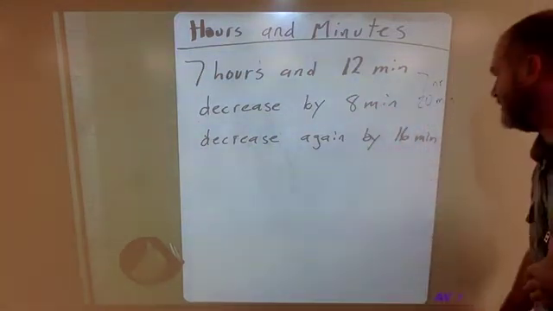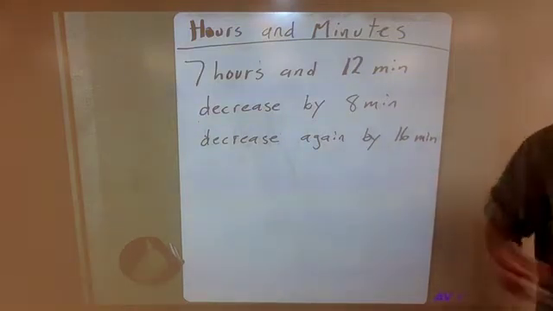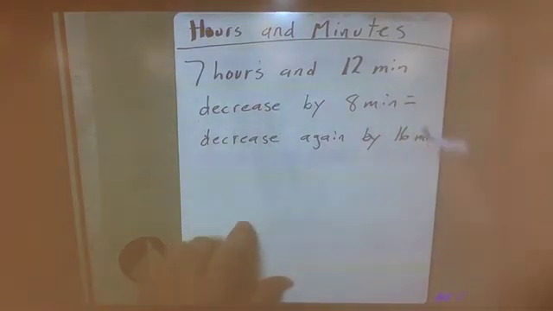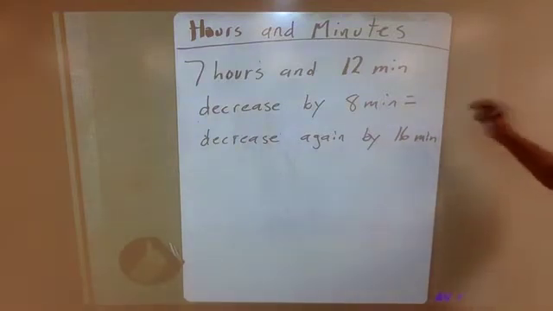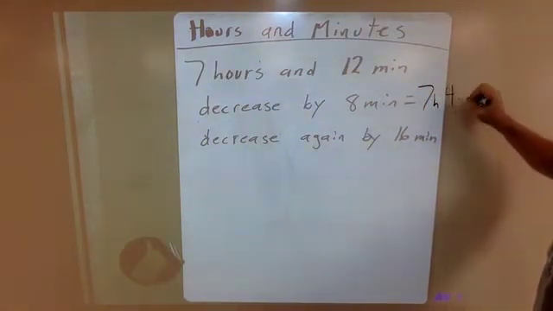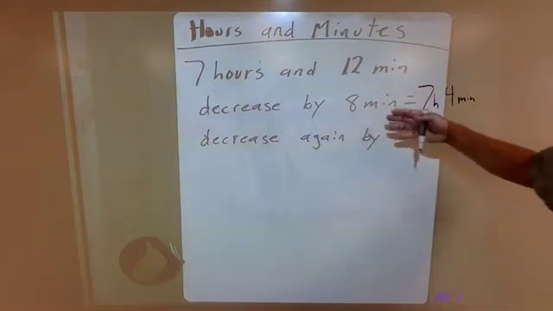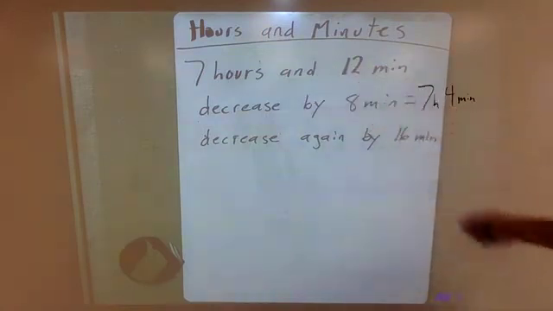You can't really see that, can you? No. So what this equals right here is 7 hours and 4 minutes. Okay, that's the right answer for step one. You decrease by 8 minutes from this number.